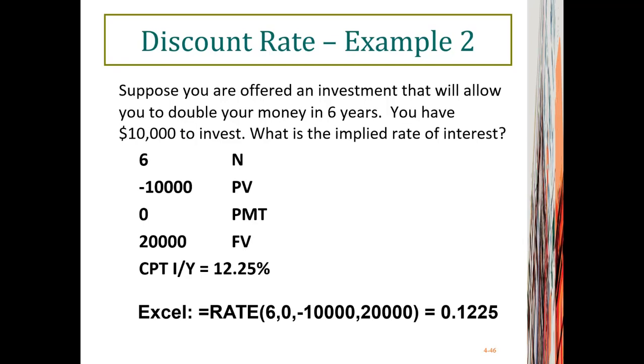And here you put N as 6, PV as negative 10,000 because you invest your money, it's cash outflow, PMT 0 and FV $20,000 because you double your money. Then you compute IY. Your calculator will show 12.25. That means 12.25%.